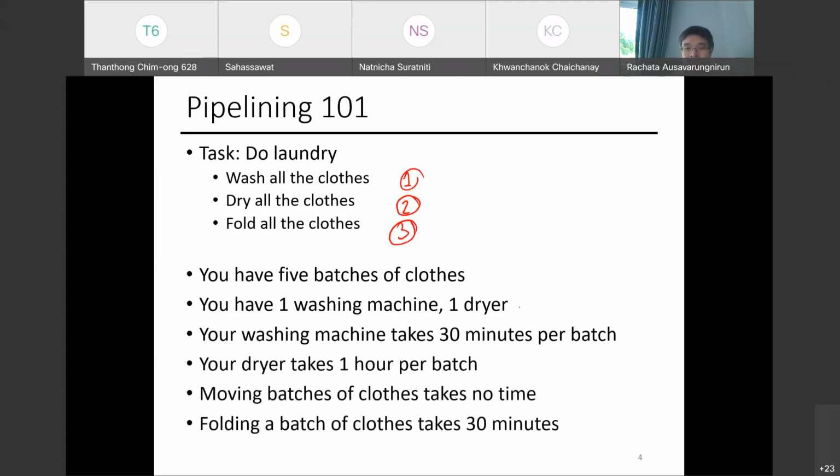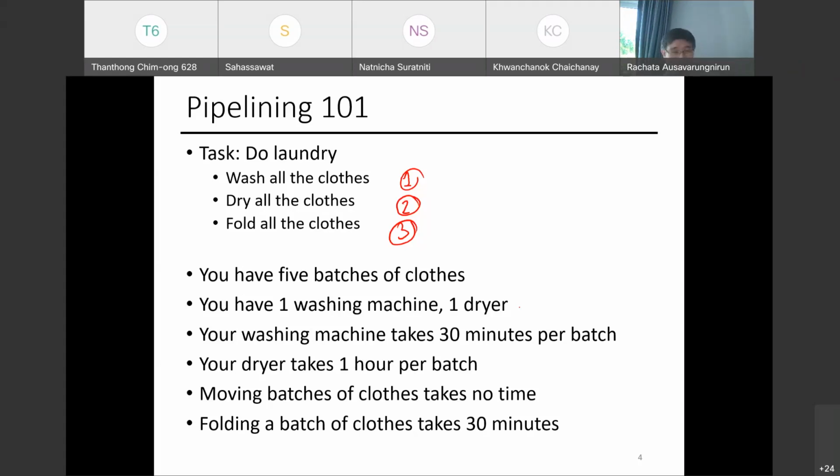I have 5 batches of clothes that I have to do for the whole laundering process, going through the washer, dryer, and folding. What do I do? What's the first step? Hopefully you don't put things in a dryer and then washer, right? Obviously, or folding and then wash it.